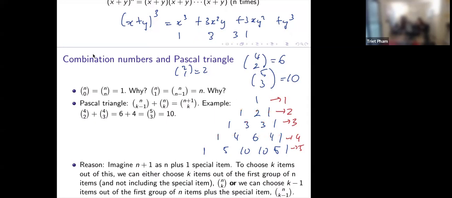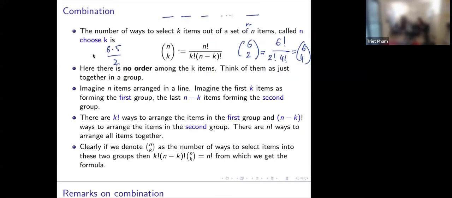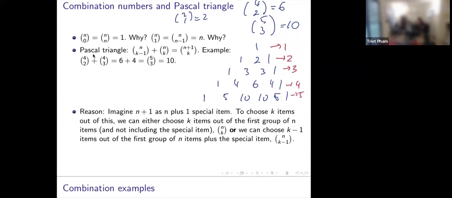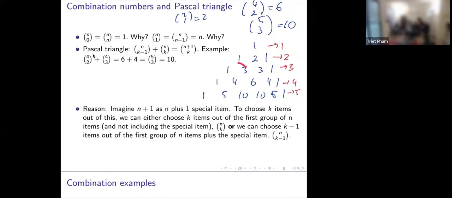Things like that. So as you can see, the way the triangle is built up is if you add any two adjacent numbers here, you get the next one. 1 plus 2 is 3, 2 plus 1 is 3, 3 plus 3 is 6, 1 plus 3 is 4, and so on.